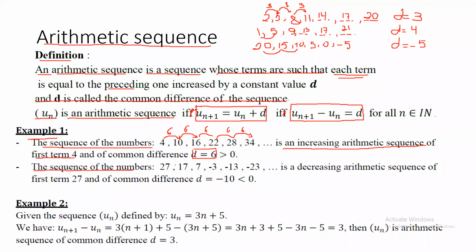Which number? 10. Minus 10. So this is called a decreasing arithmetic sequence whose first term is 27 and the common difference d is minus 10.